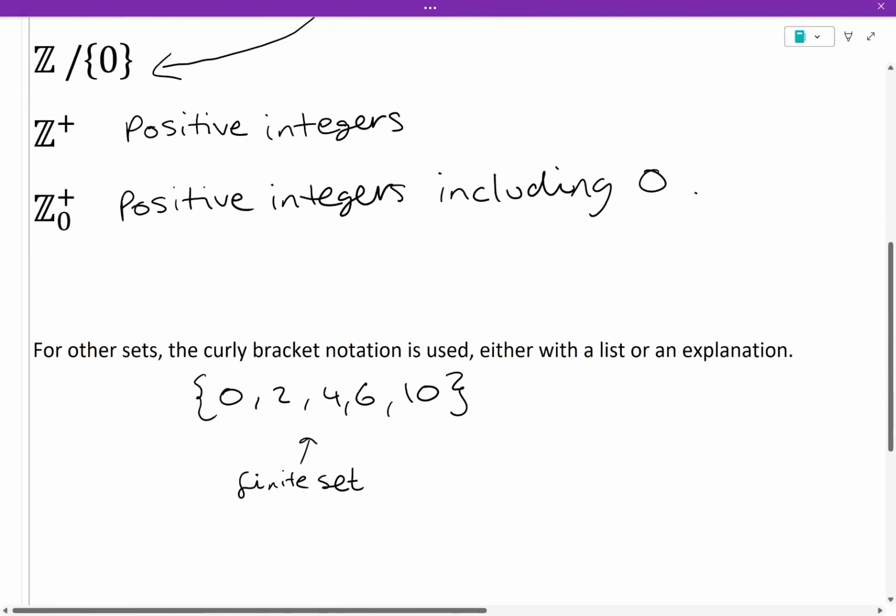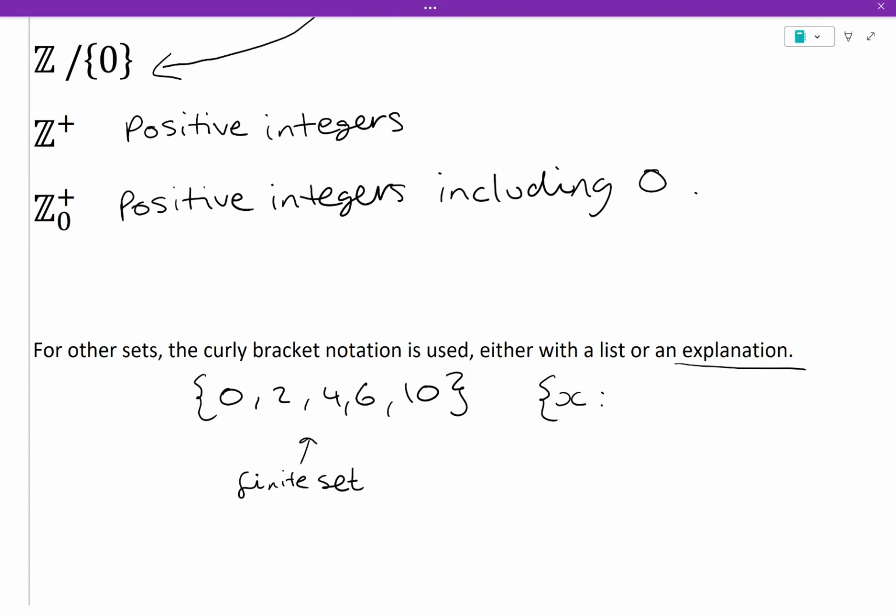Now, some infinite sets will be written with curly brackets and an explanation. For example, we could write {x such that x is a real number}. This notation here means 'is an element of'. So this is saying x such that x is an element of the real numbers, and then we would write our explanation of what specific x values we want.